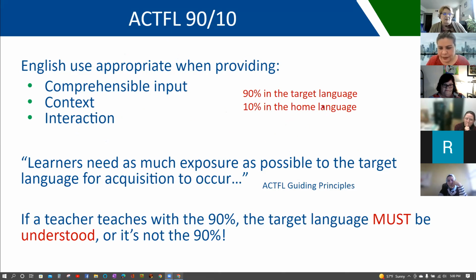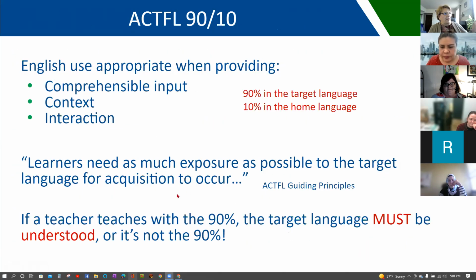So 90% of the time they say you need to use your target language, and then the other 10% you can use the home language to help support it, because learners need as much exposure as possible to the target language for acquisition to occur. And the thing is, with that 90%, they have to be able to understand, or it's not 90%.